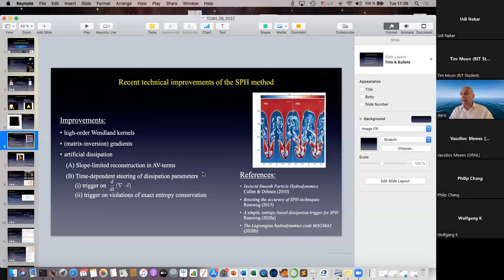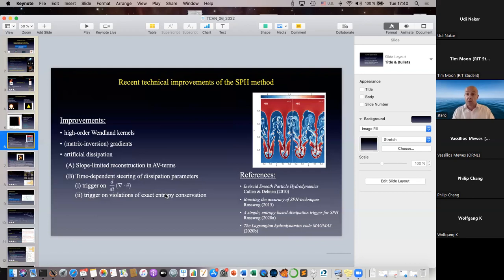But one thing that we have implemented in the first of those papers is we are not enforcing exact conservation of entropy in the method, but that leaves the specific entropy as a monitoring quantity.